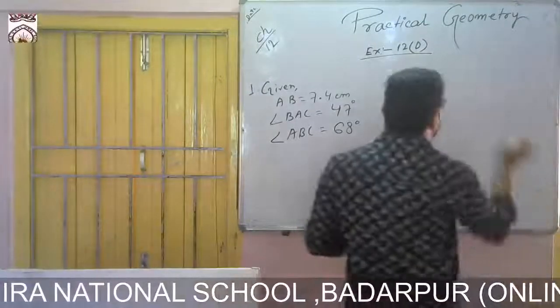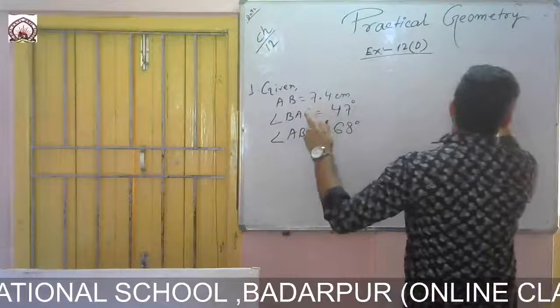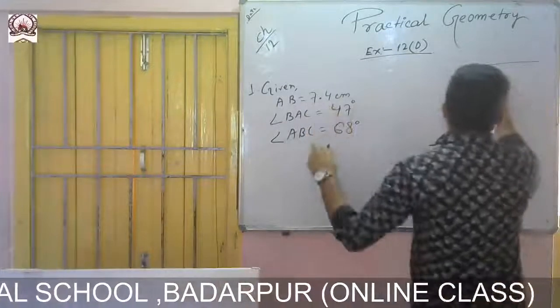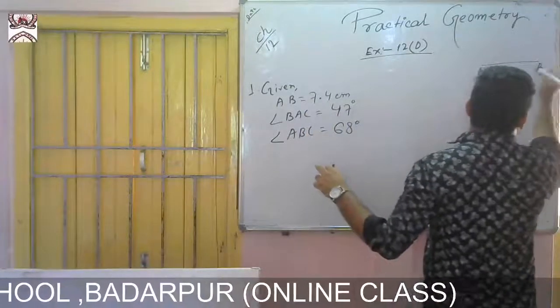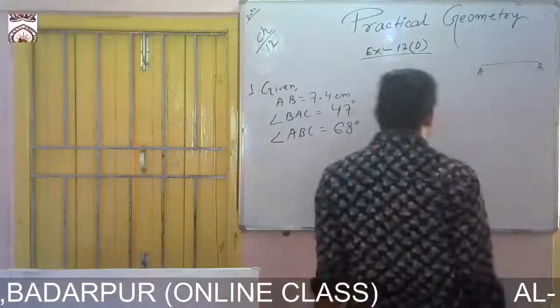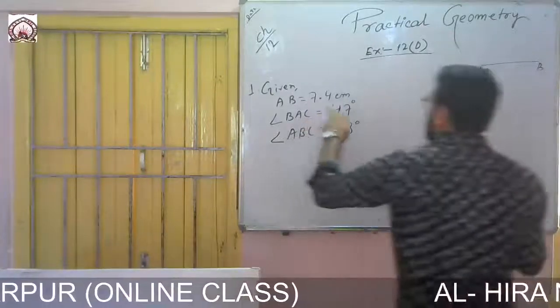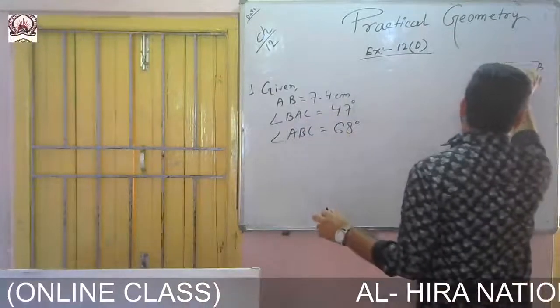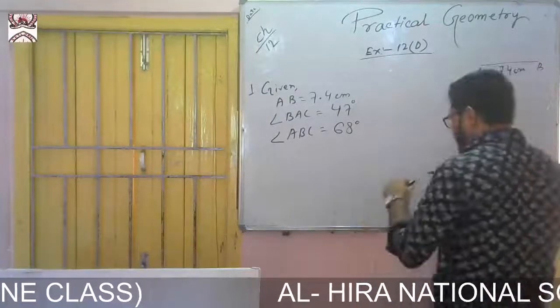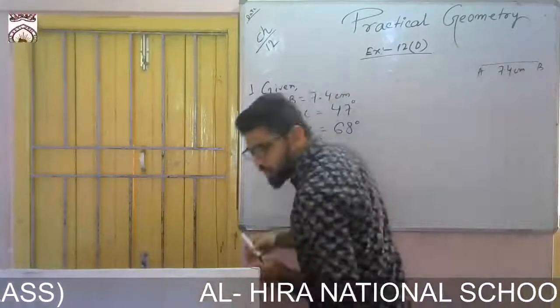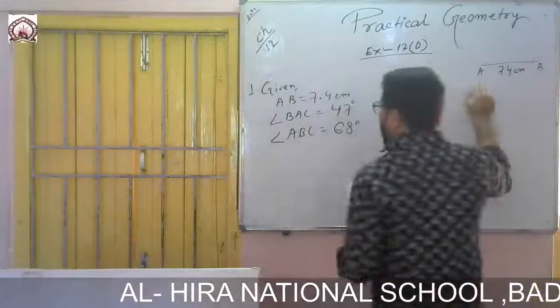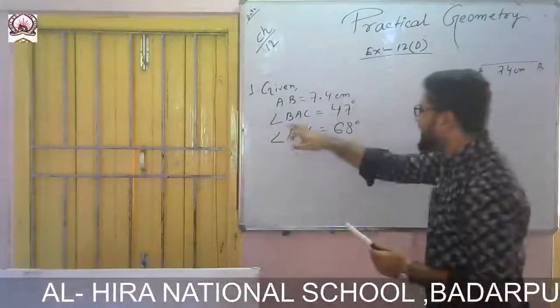So see, take AB as a base of the triangle. If I take AB as a base of the triangle, then AB equals 7.4 centimeter. Now, with your protractor at A, you draw angle BAC.